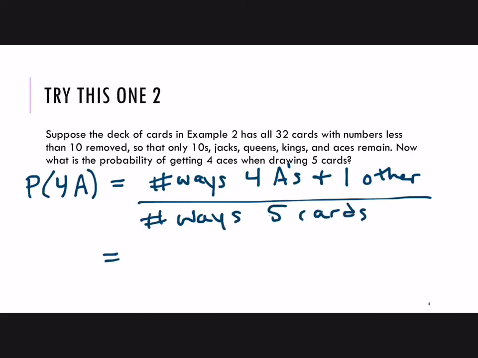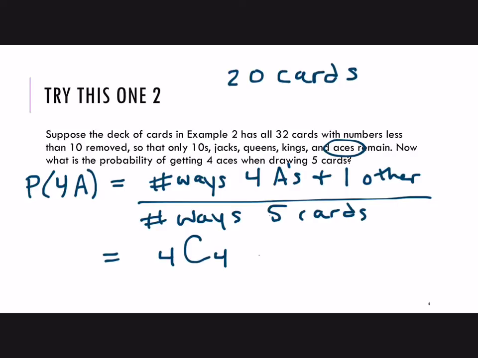So what else is the same here? The number of ways to choose 4 aces. Well, the deck that remains, 32 cards were taken away, so that leaves us with 20 cards total. We've left all of the 10s, jacks, queens, kings, and aces, so we still have all 4 aces. So the ways to choose 4 aces, there's still 4 to pick from, and we're picking 4 of them.